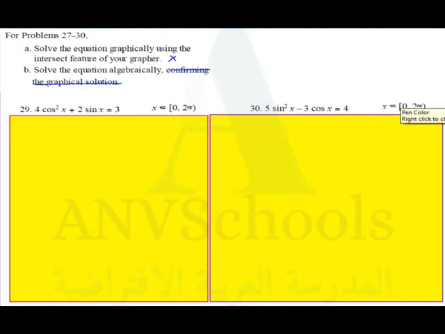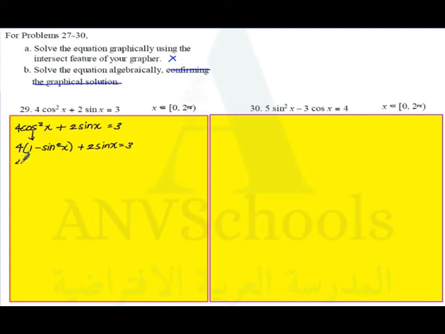For number 29, we have 4 cosine square x plus 2 sine x is equal to 3. So we'll make it 1 minus sine square of x plus 2 sine x is equal to 3.